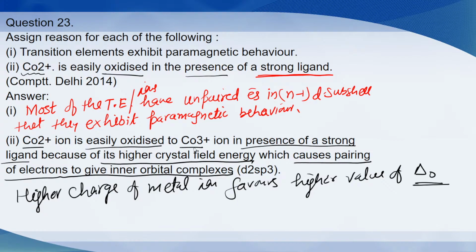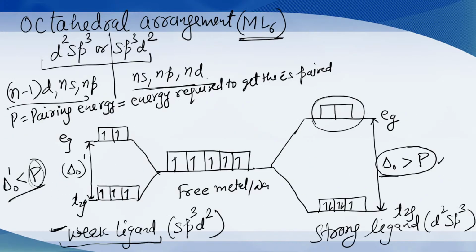Why? Because of its higher crystal field energy, which is greater than the pairing energy, and therefore pairing of the electrons takes place, and it gives an inner orbital complex.